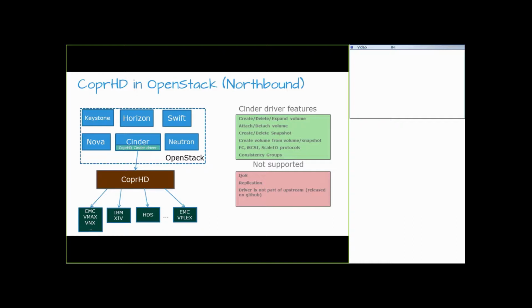Yeah, exactly. This is theoretically possible, but not practical today. The reality is, if somebody wants multi-site, they'll go with the VMware stack or some other more capable stack. By the way, you can still use CoprHD with that stack, right? So you're not locked into which site.